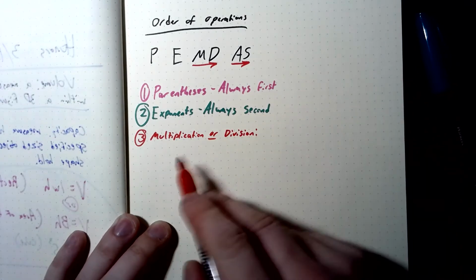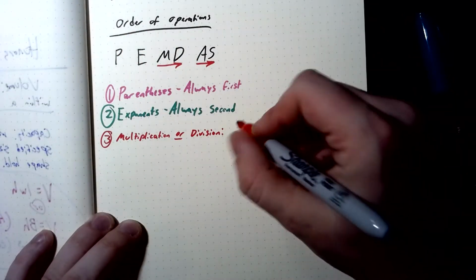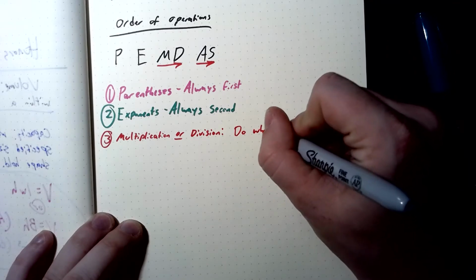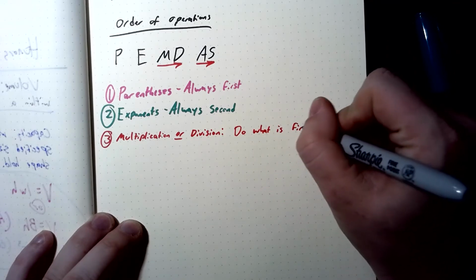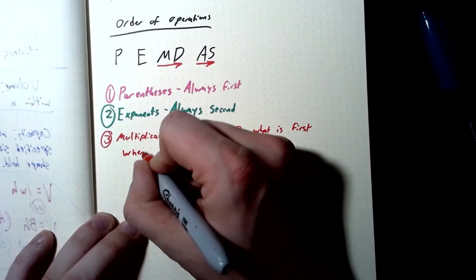And the reason I put them side by side, the reason they have an arrow pointing from left to right, is you do whatever is first when reading the problem from left to right.